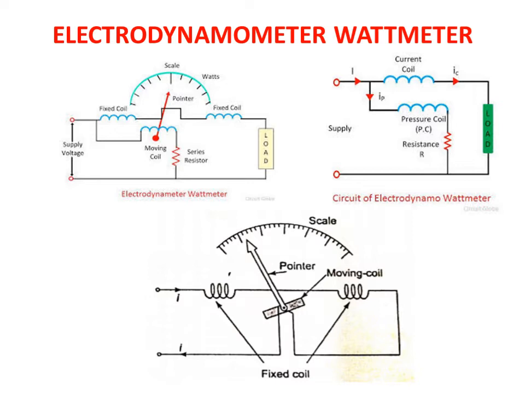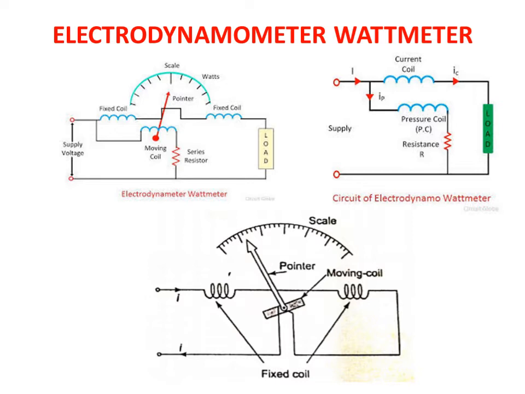If you see the first diagram and second diagram, the fixed coil is nothing but a current coil, and the moving coil is nothing but the pressure coil. This fixed coil is connected to the supply voltage and through the load, and the moving coil, which is a pressure coil, is connected across the load.